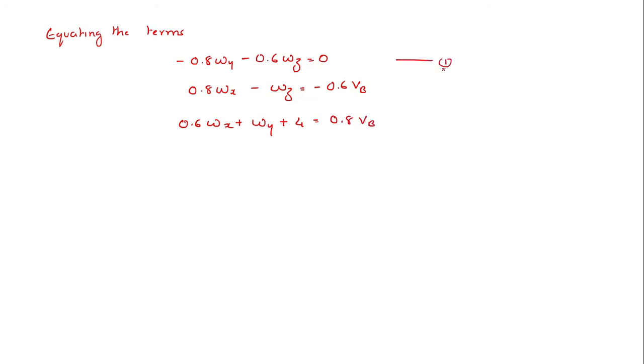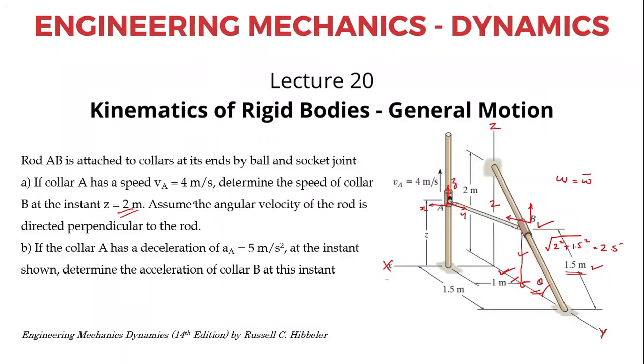Now here you have got 3 equations, but the problem is you have got 4 unknowns. So if you refer to the question once again, you can see that a statement has been given here. Assume that the angular velocity of the rod is directed perpendicular to the rod. That means this corresponding rod AB will have an angular velocity that is always perpendicular to it.